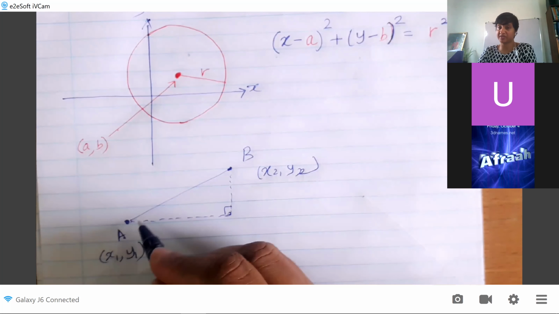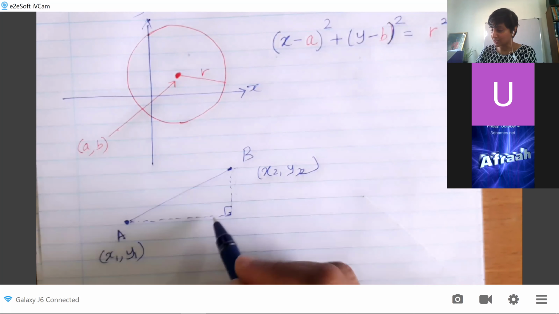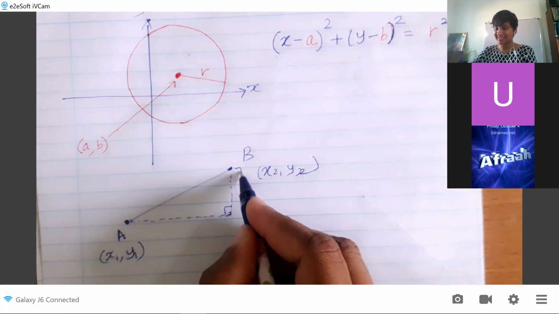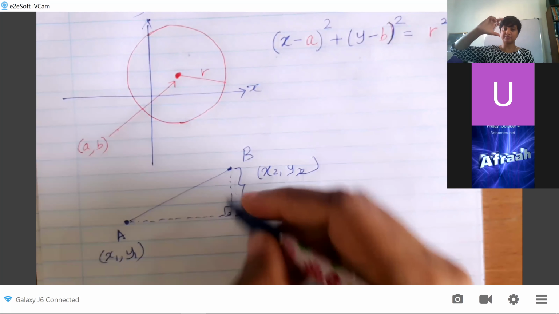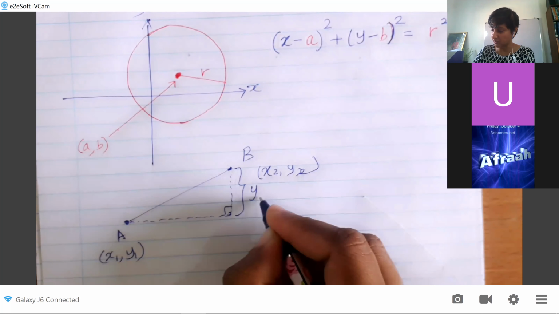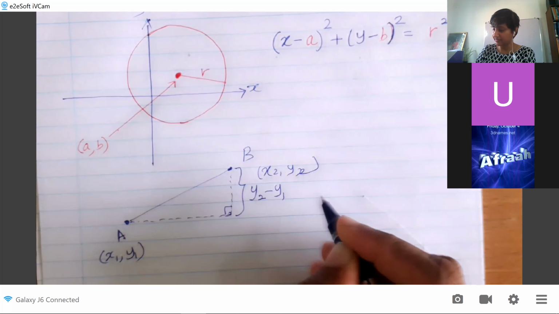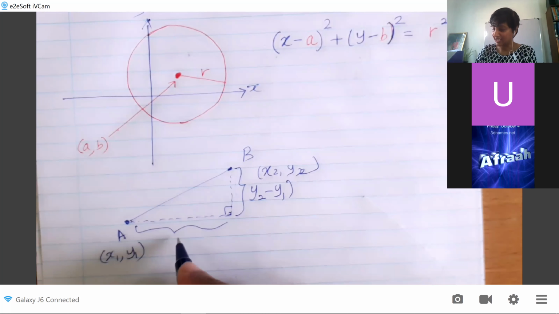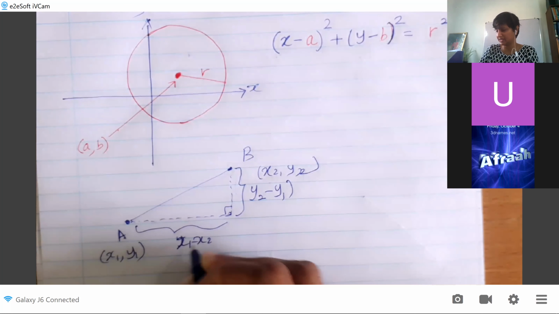So if you can figure out what these two lengths are, this length is the difference between the y's, so this is just y2 minus y1. And then this length is the difference between the x coordinates, x1 minus x2, or x2 minus x1, I mean x2, the big number, minus the small number.